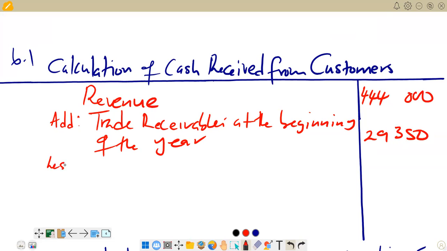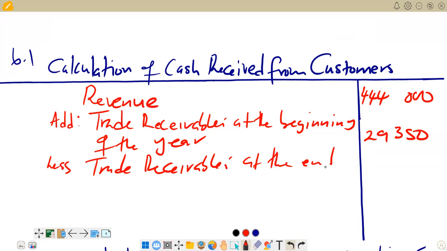Then we less trade receivables at the end of the year. Right, trade receivables at the end of the year, the figure that we are given there is 94,325. That is what we have. We are listing that.